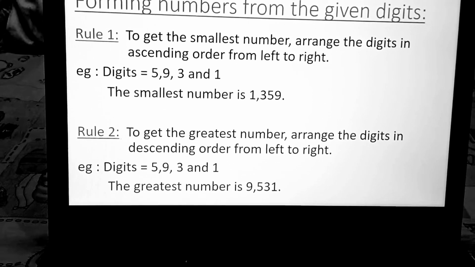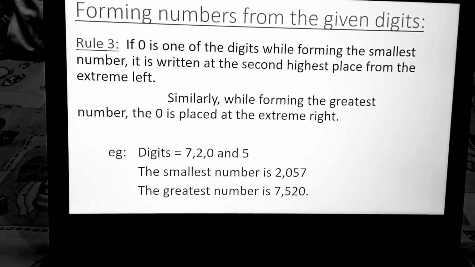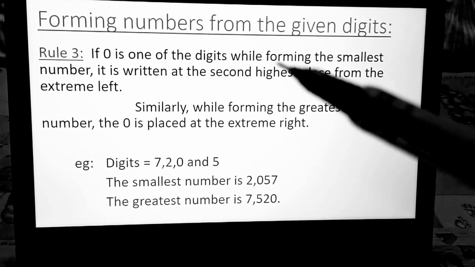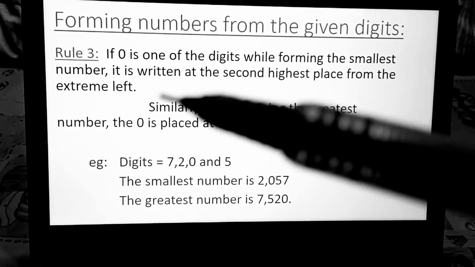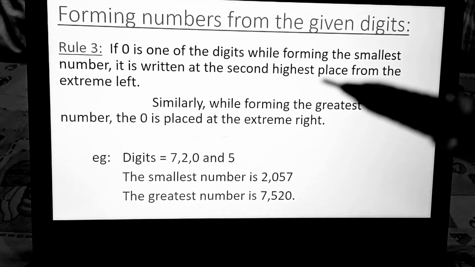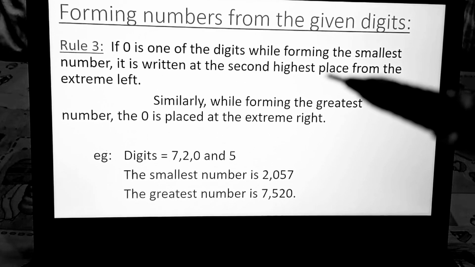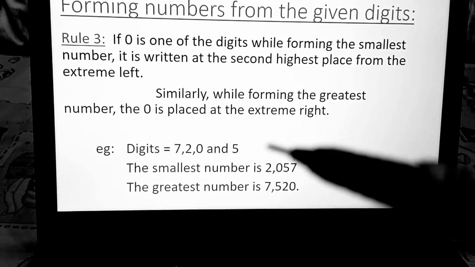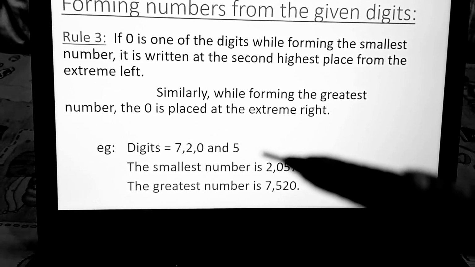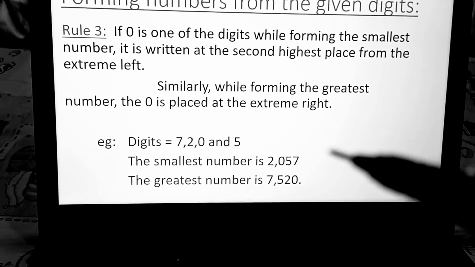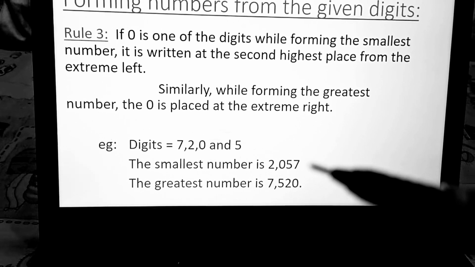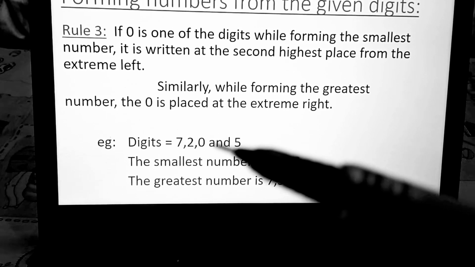Clear? Now there is another rule, that is rule number 3. If 0 is one of the digits, while forming the smallest number, we write the 0 at the second highest place from the extreme left. So I am showing you here. Suppose we have been given the digits 7, 2, 0 and 5 and we have to form the smallest number, children. So which is the smallest digit here?